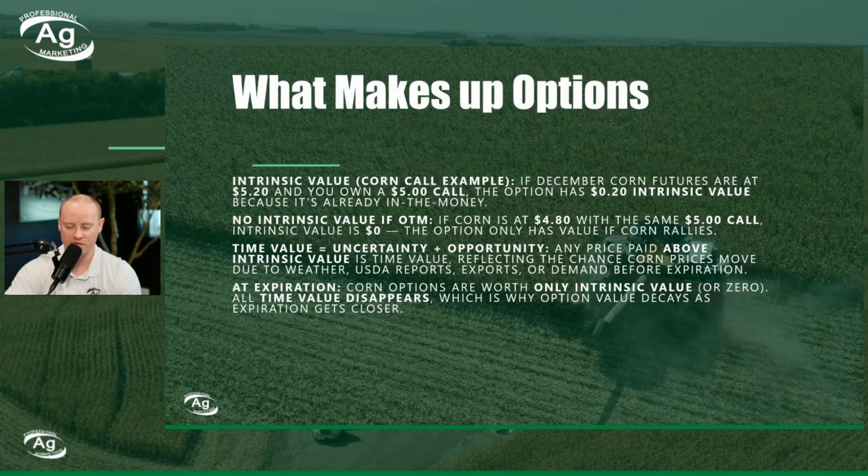Now that time value is always going to fluctuate based on time and volatility, things going on in the marketplace. So when black swans happen, for example, and the price of corn is moving all over, that time value and the value of those options gets really expensive. The intrinsic value won't ever change. Intrinsic value is always one-to-one. It always makes sense. It never changes that formula.